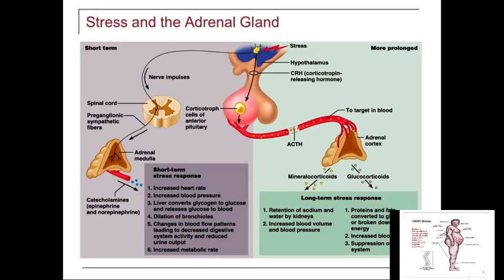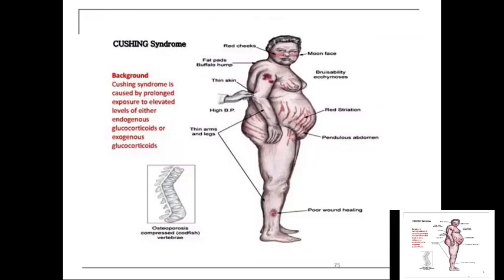When you're pushing out cortisol, this is what Cushing's syndrome looks like. You get that moon face, you get that purple striae. Look at the skin, very thin skin. You get that buffalo hump in the back, around the upper thoracic region, red cheeks. You get that edema, that swelling around the feet and the ankles, you get that big belly.